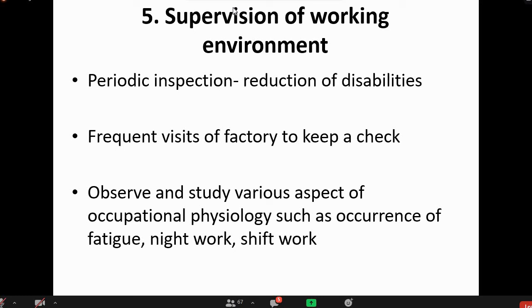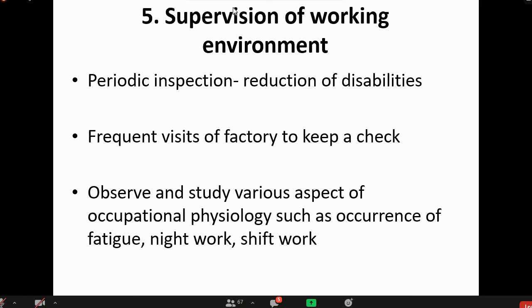So it is important that you get that marble changed so that nobody falls. So environment is important. And then whether cleanliness is there or not, whether proper functional toilets are there or not, right?